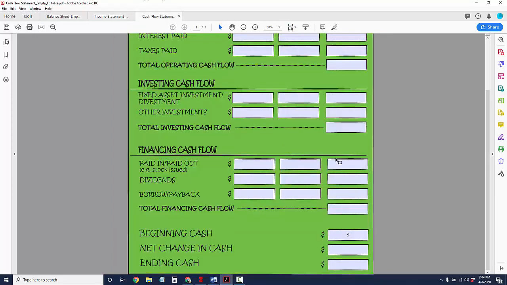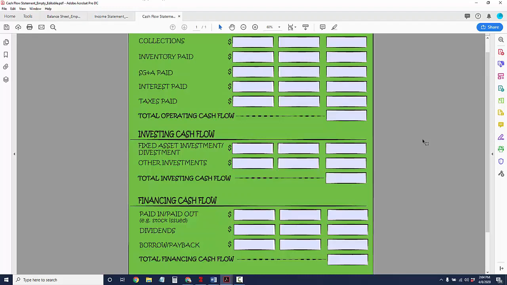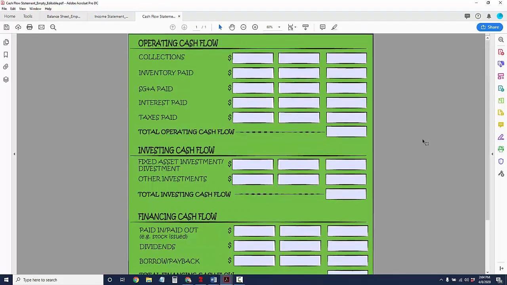How does a $25 loan affect the cash flow statement? The question we have to ask ourselves for the cash flow statement is, do we see any cash inflows or outflows due to the transaction? We are getting $25 from the bank as a loan, but it is effectively $25 in cash that we can now use in the business.